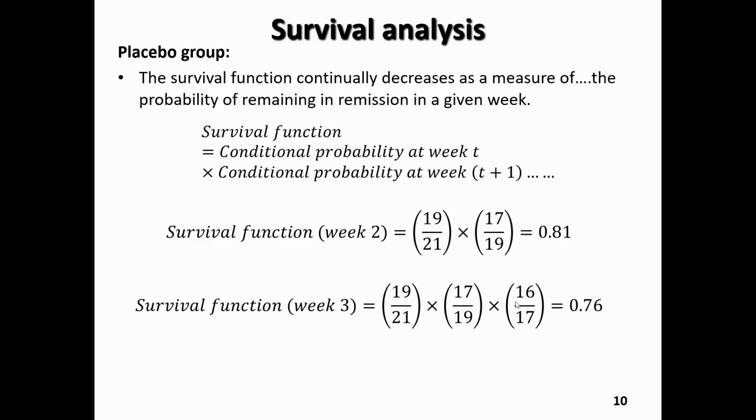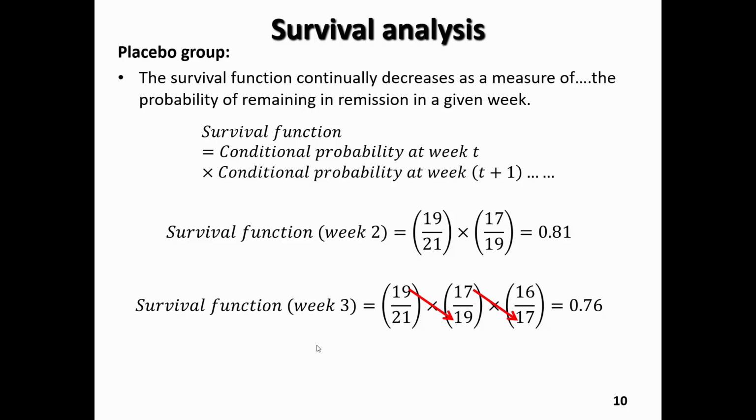Carrying out the multiplication of these fractions, we end up with 0.76, or 76%, remaining in remission as a function of the survival. Note the pattern in multiplying through, that the numerator in week 1 becomes the denominator, and that pattern continues en route to calculating our survival function in a week-to-week manner.